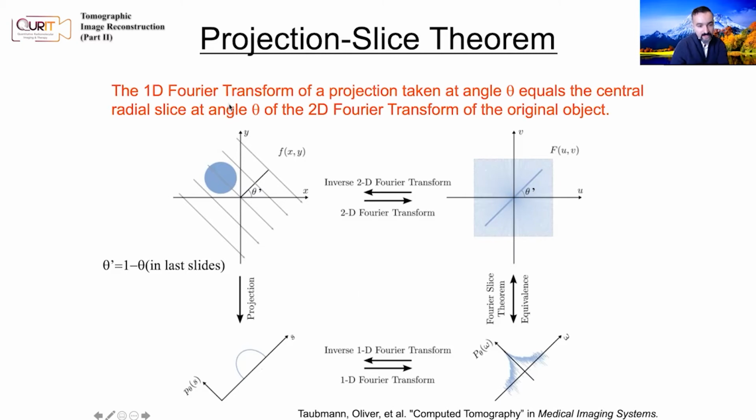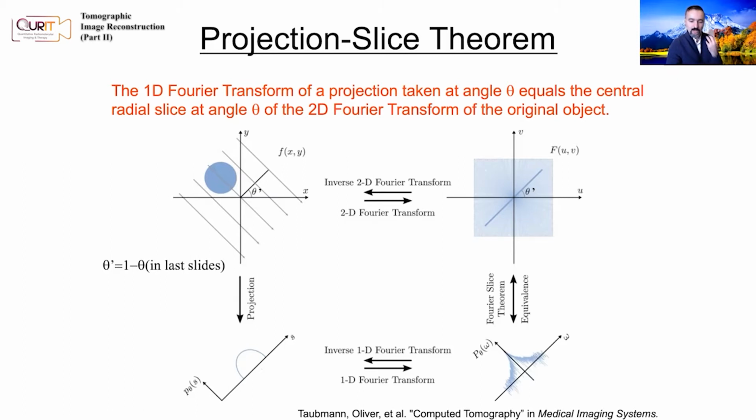In other words, the 1D Fourier transform of a projection taken at a certain angle theta equals the central radial slice at the same angle of the 2D Fourier transform. Okay, so you have to keep thinking about this.